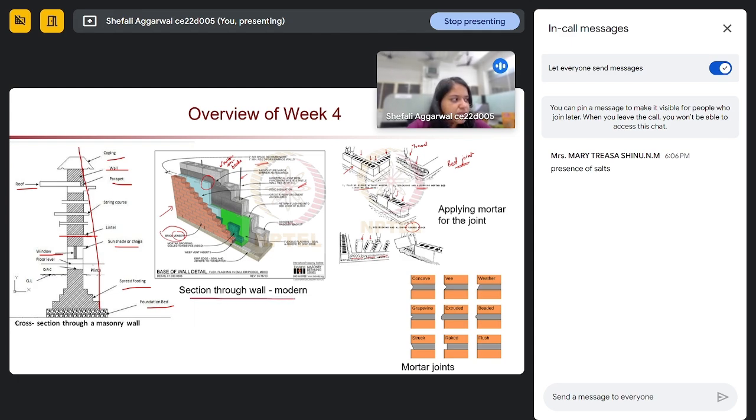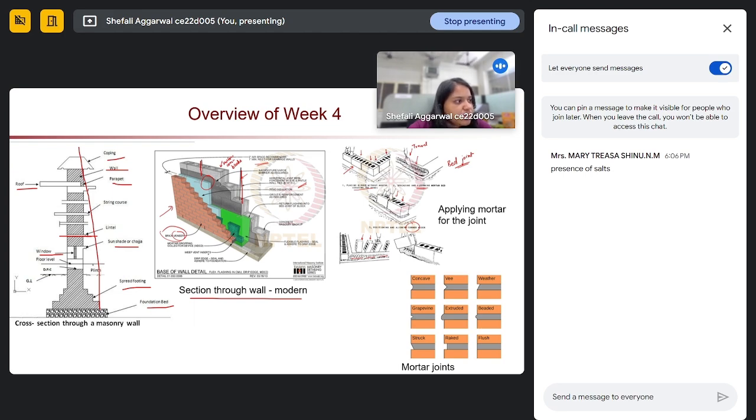And then if we see a recent section through a wall, a modern section, then we have many other different types of things. We are using reinforcement in them, and along with normal bricks, we are using concrete bricks, hollow concrete bricks, with reinforcement in that, and then we are using waterproofing materials.